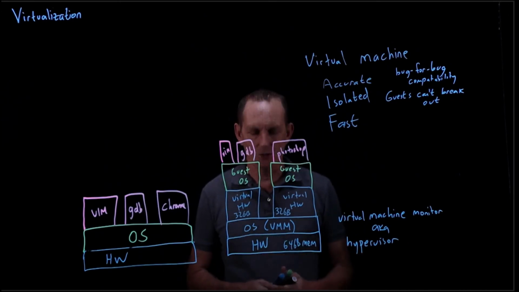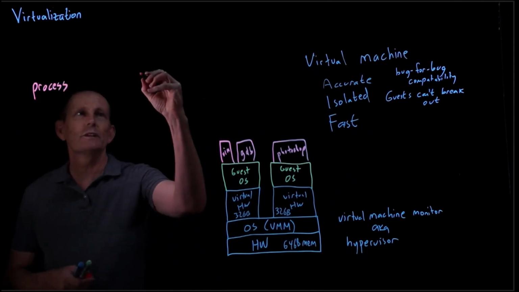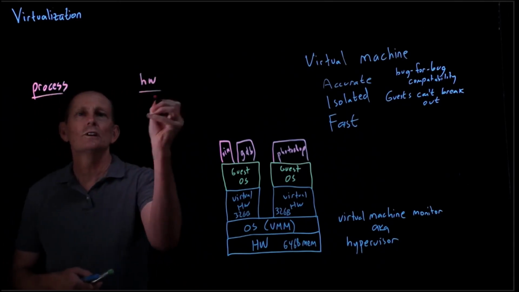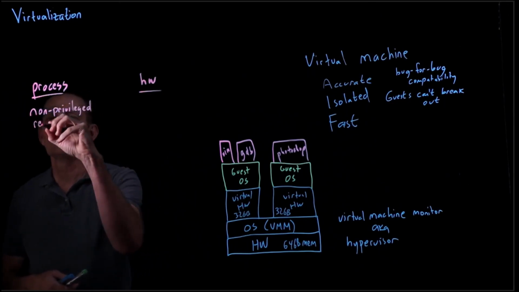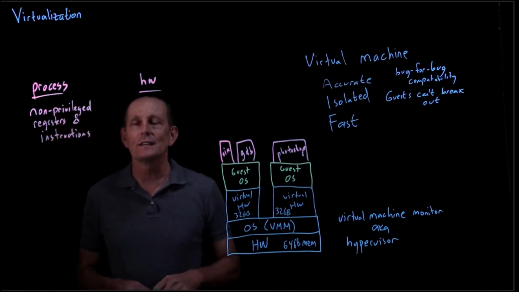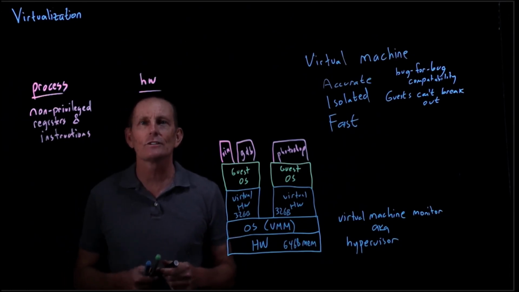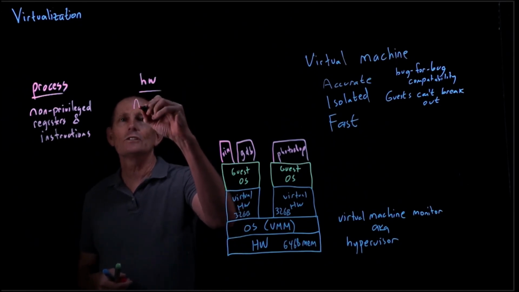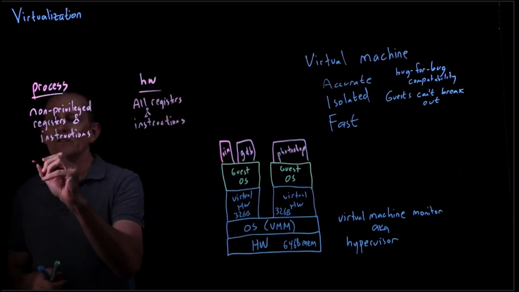Let's just look at the difference between these two abstractions. So if we look at the process abstraction, that'll be different from the hardware abstraction. In the process abstraction, we have non-privileged registers and instructions. That is, the abstraction that the operating system provides for a process is you don't get to use certain instructions. As an example, on the x86, in and out instructions. If we have a hardware abstraction instead, then we get access to all registers and instructions. What else? Here on our process model, we've got virtual memory.